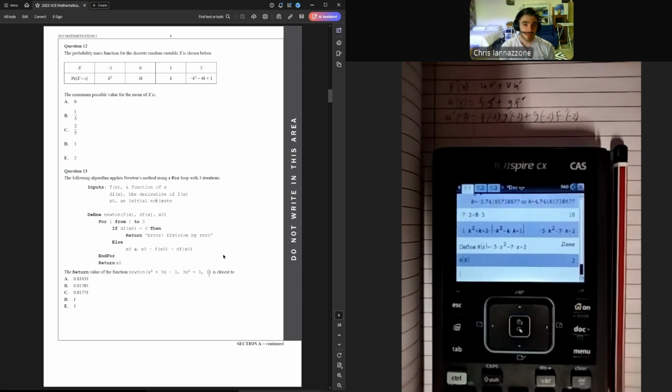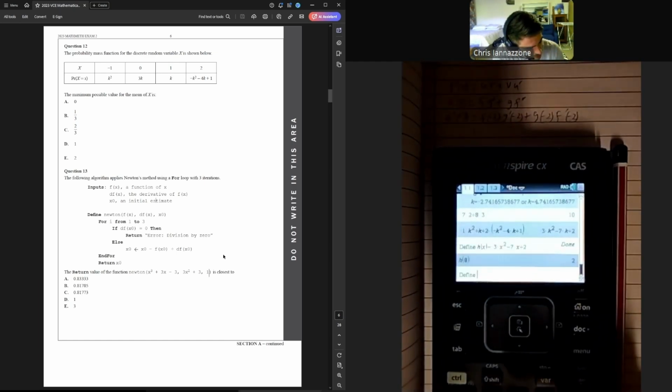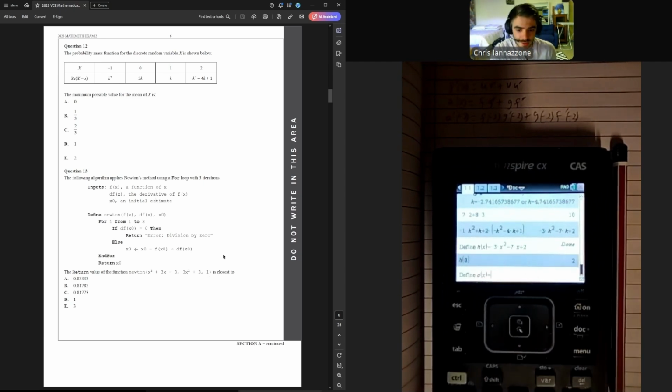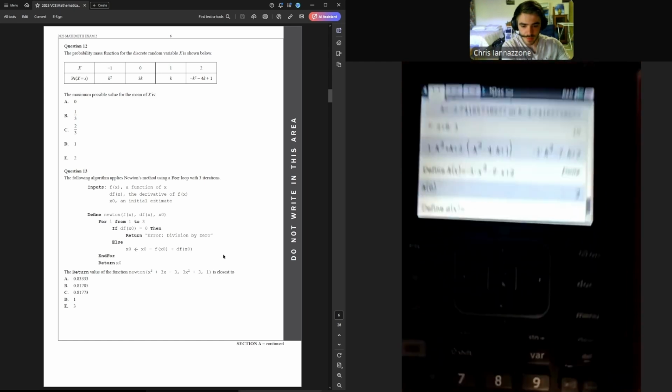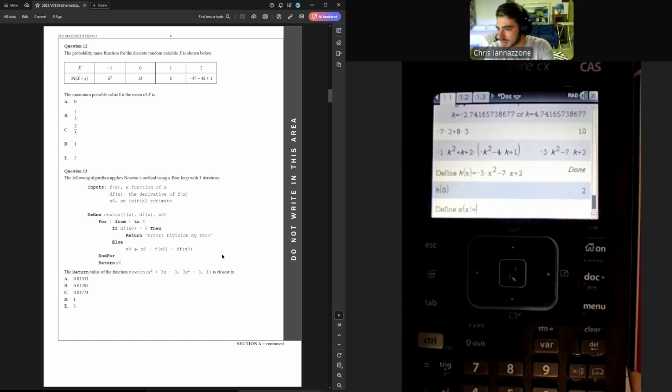Well, first things first, let's actually get Newton's method into our CAS. How does that work? Well, my recommendation is to define Newton's method in 3 parts. So the first part is going to be whatever the function is that you're trying to do Newton's method on. I'm just going to call that a of x. In this case, if we look at our input list, we're told what the order of the inputs are.